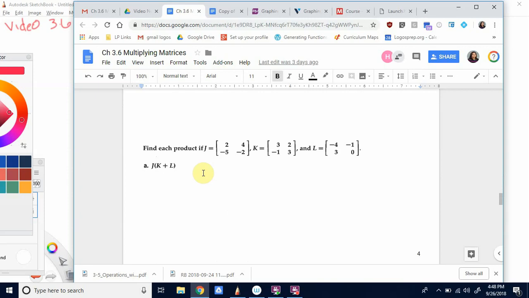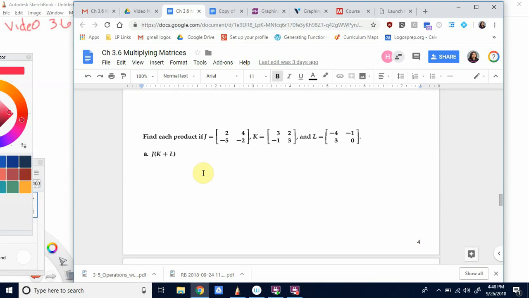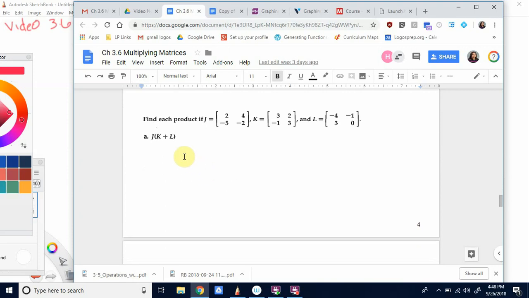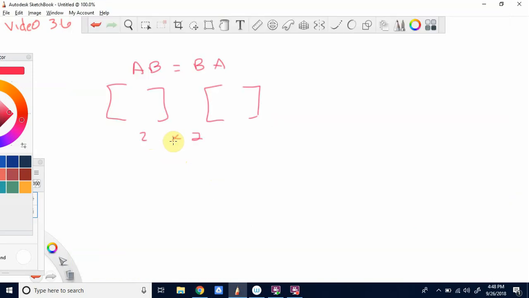It says find each product if J is this, K is this, and L is this. So what are we going to do here? We can use order of operations, which means inside parentheses first, so we would add K plus L, and then we can multiply J by the sum of K plus L. So let's do that.